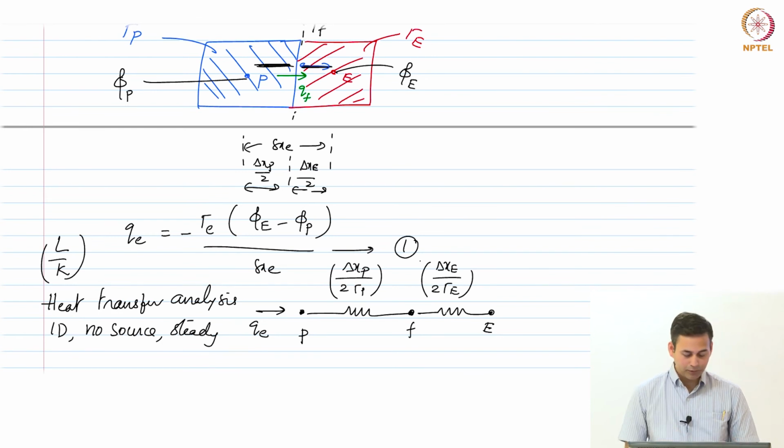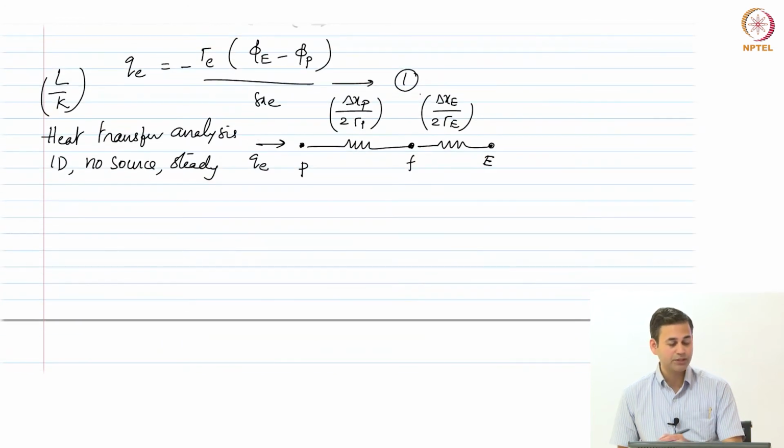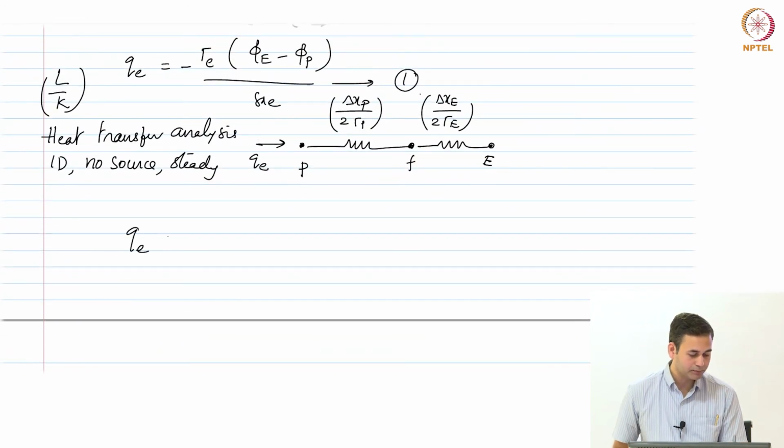Fine, okay. Now, if I were to write an expression for QE, what would that be? From this resistance network, what would be QE? So, these are in series, right. So, it will be the sum of these things. What would be the potential difference? Phi P or E?